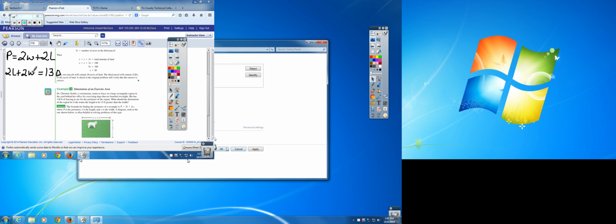Now, I got a flag right here. That means you need to write it down. Two unknowns. What are my two unknowns? Two unknowns, one equation. Does that work? No, it doesn't.